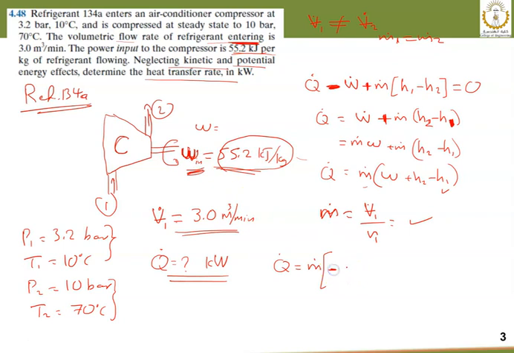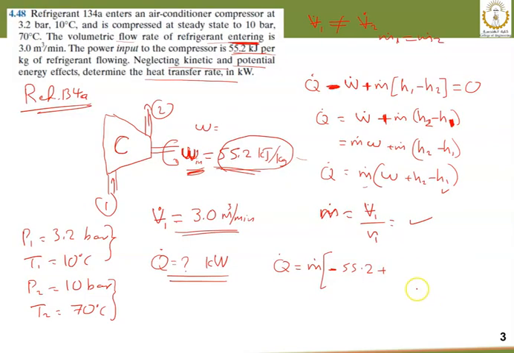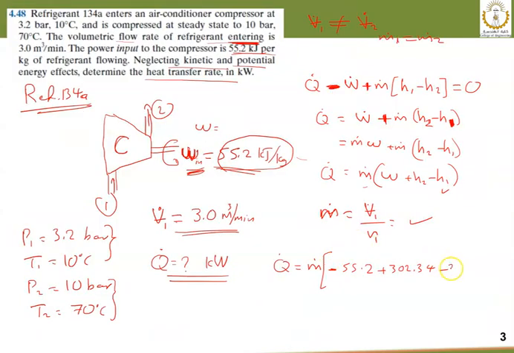So this is minus 55.2 plus H2, which is 302.34, minus H1, which is 255.67.